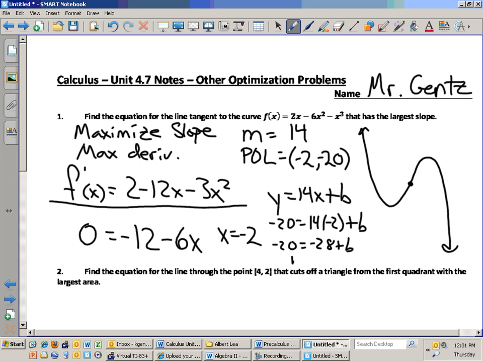So b is equal to 8. So the equation for this line that has the largest slope is going to be y equals what? 14x plus 8. If we were to type that into our calculator, you would see that it is tangent, and that would appear to be the largest slope.